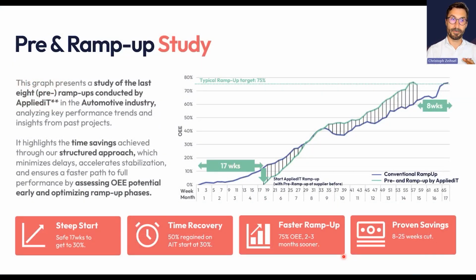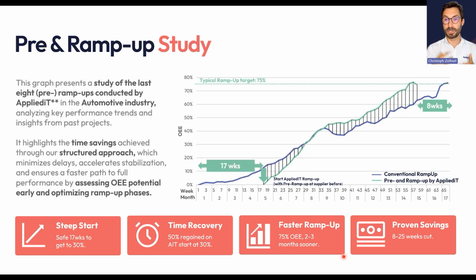And we have applied that already many times in the last couple of years and found that there is a vast benefit of using a method and data-driven approach, especially in a ramp-up, which can save you 17 weeks on average.